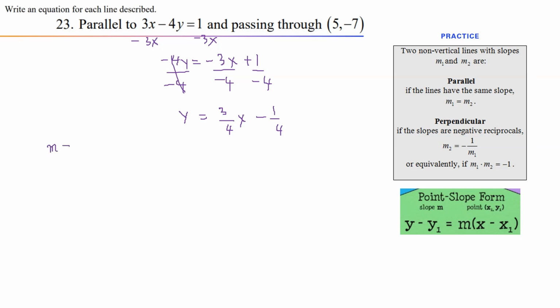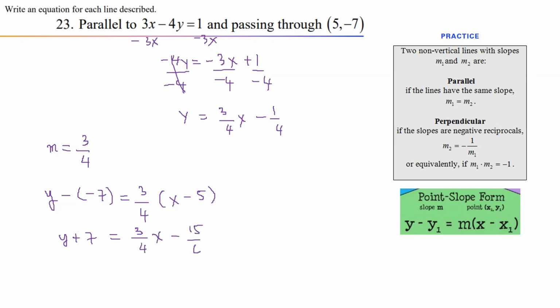So the m will be the same as that, 3 over 4. And we write y minus y1 equals m, which is 3 over 4, times x minus x1, which is 5. So y plus 7 equals 3 over 4x minus 15 over 4. Subtract 7 both sides. We have y equals 3 over 4x.